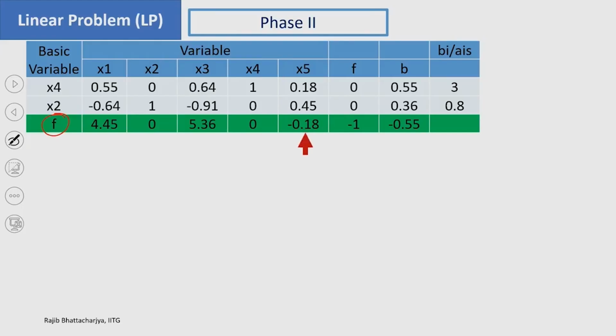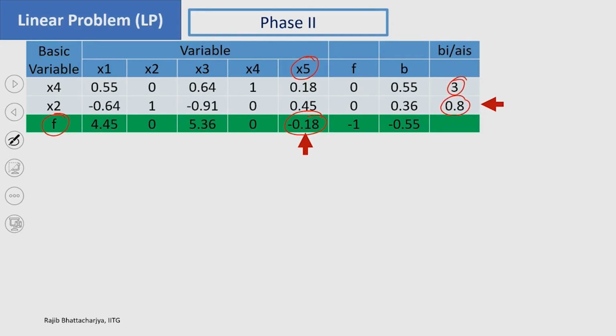There is 1, yes, x 5. For x 5 the C j equal to minus 0.18. So, therefore, x 5 will be an incoming variable. So, x 5 will enter into the basis. So, now you calculate the ratios. Here it is 0.08 and here it is 3.